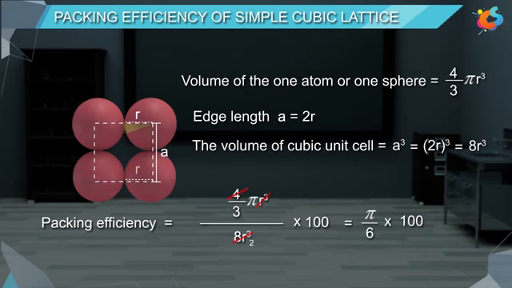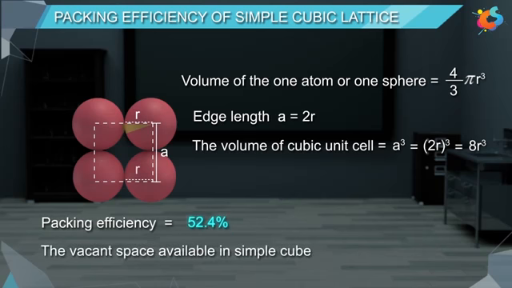Packing efficiency is equal to 52.36%, which is approximately 52.4%. The vacant space available in simple cube is equal to 100 minus 52.4%, which is equal to 47.6%.